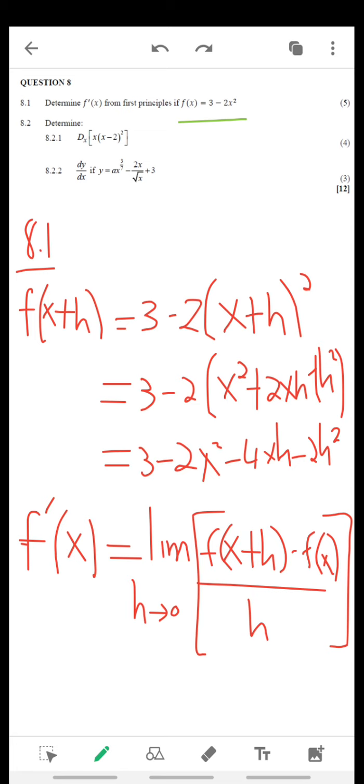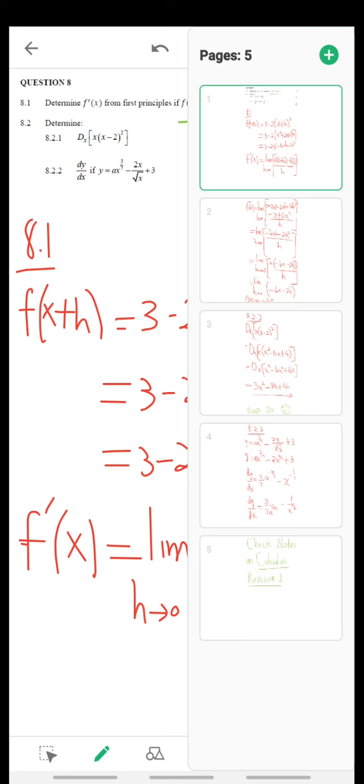Then when I expand x plus h all squared, I'm getting x squared plus 2xh plus h squared. Then I distribute the 2, I multiply the 2 by all the terms inside the bracket. Then I end up with 3 minus 2x squared minus 4xh minus 2h squared. That is what I'm going to put here in the first principle formula.